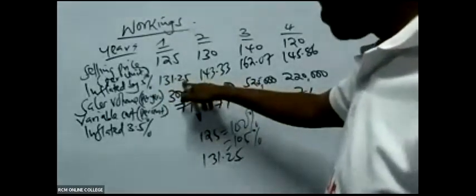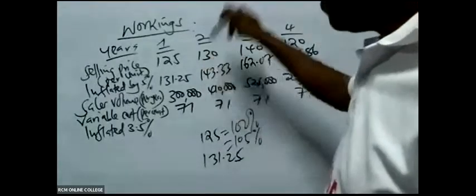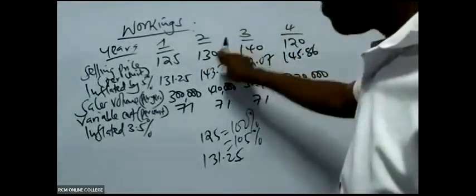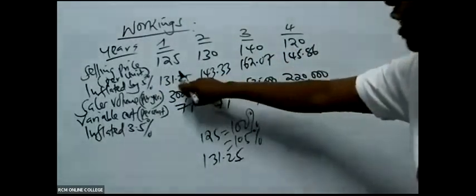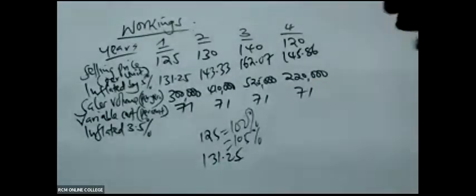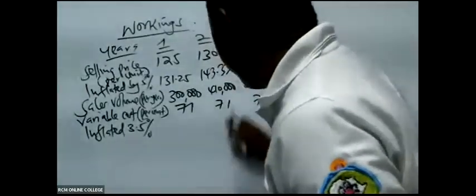But we were asking, are we raising the selling price given, or are we inflating the inflated figure, the new figure? This is the formula we have used: 1 plus r raised to n, to get the future value.